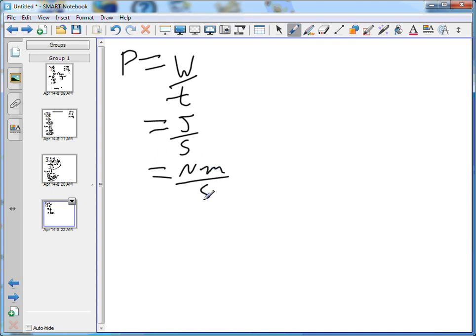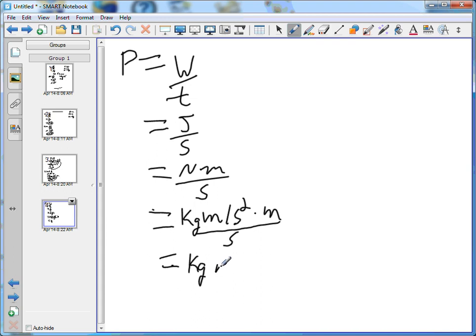And we know that a Newton is a kilogram meter per second squared. Times that by meter, divided by seconds. And power is measured in kilograms meters squared per second cubed. And we define that as a watt.